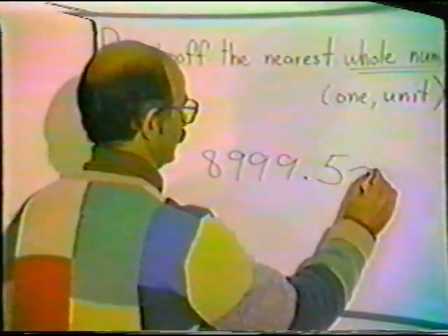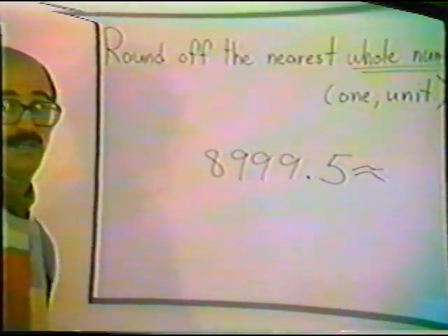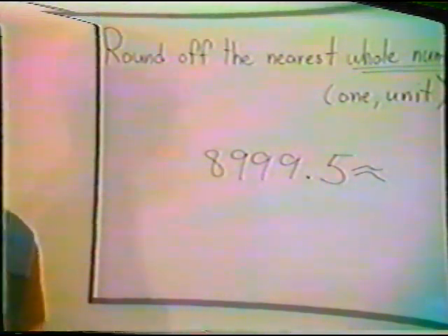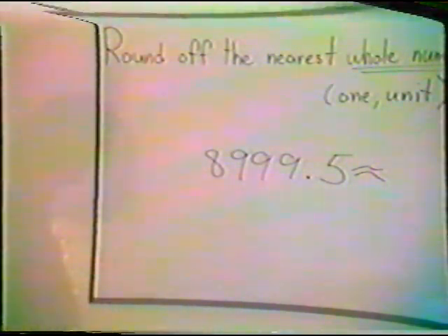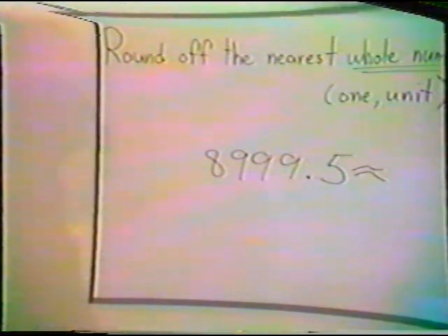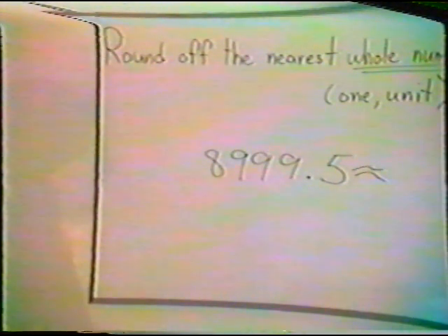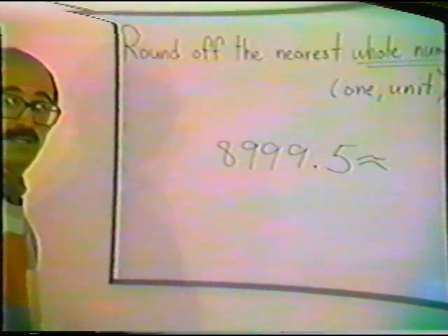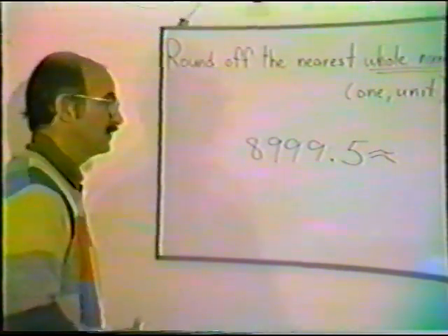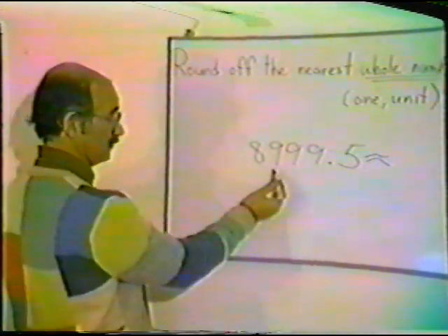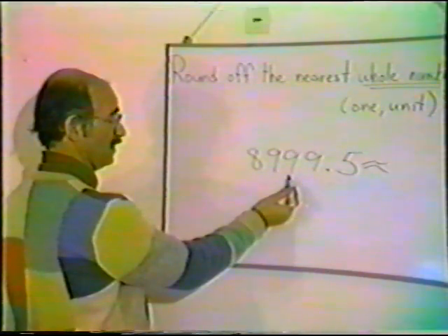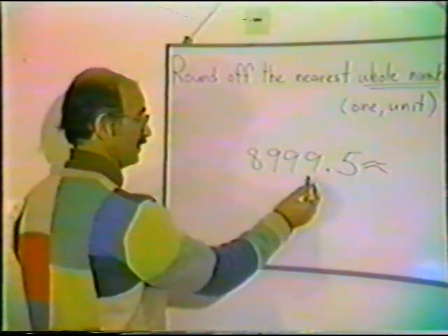8,999.5. Please read that number. 8,999 and 5/10. What number is in the ones place? 9. This one? No. This one? No. This one? Yes.